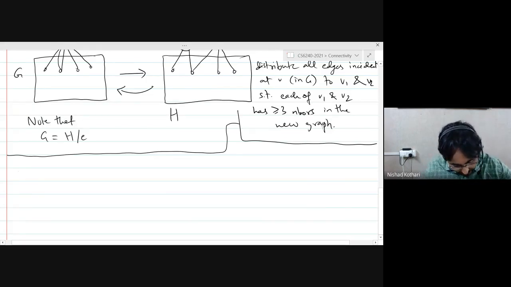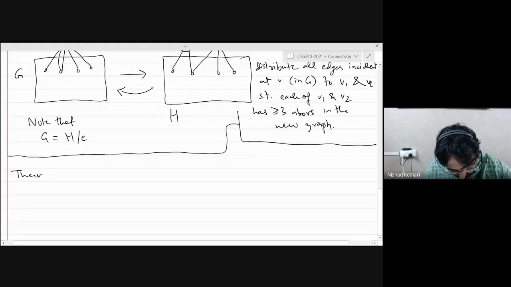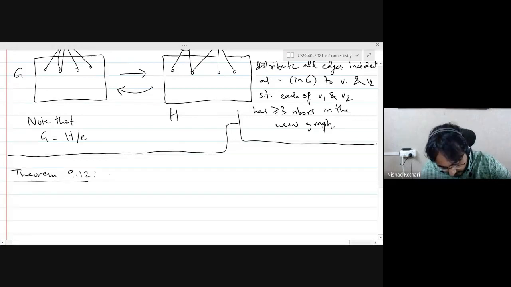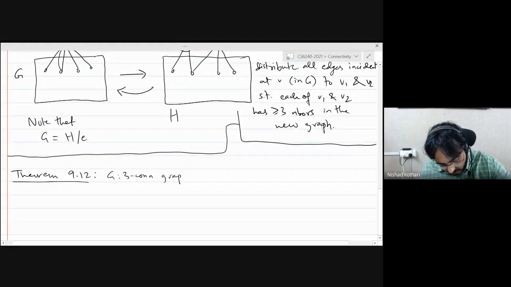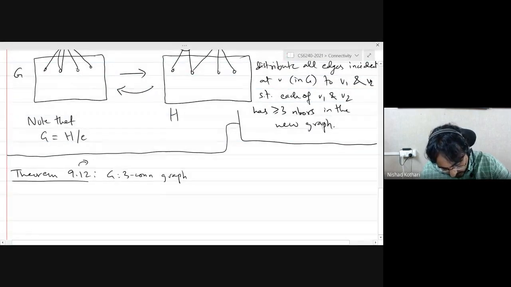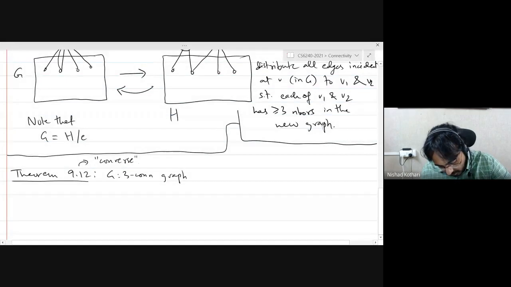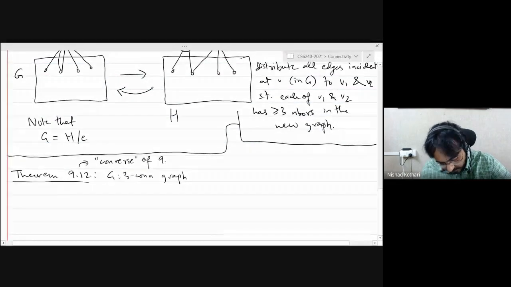So theorem 9.12 is that you've got a three connected graph. Think of this as a converse of 9.10.